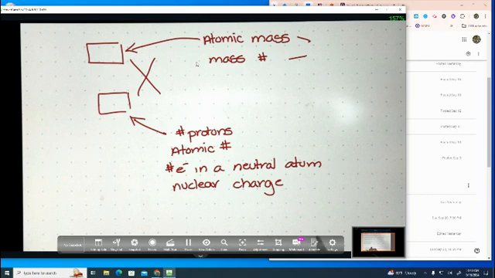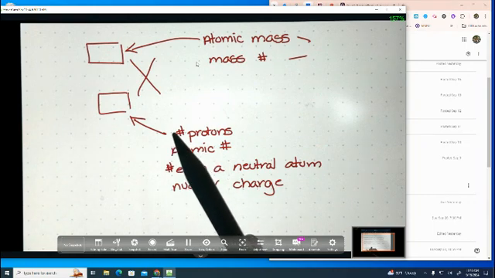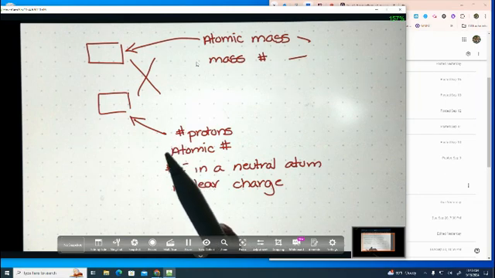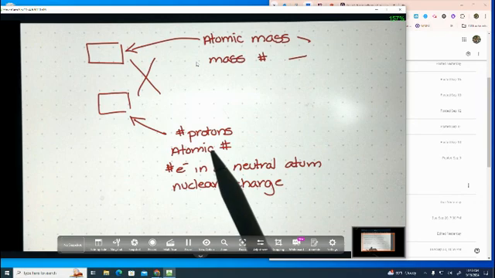Anything you can think of, we'll build off of it. I don't know which one it is, but one of them is the whole number and one of them is the decimal. Okay, so there's something we can build on. Which one of these do you think is the whole number? If you're wrong, it's okay. Kevin, you think the mass number is your whole number? What do you think? I was going to say that the decimals, I think, are like the average.